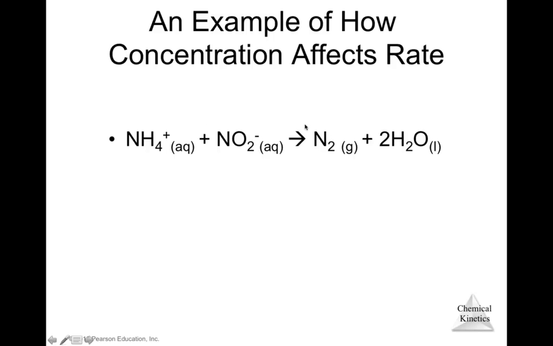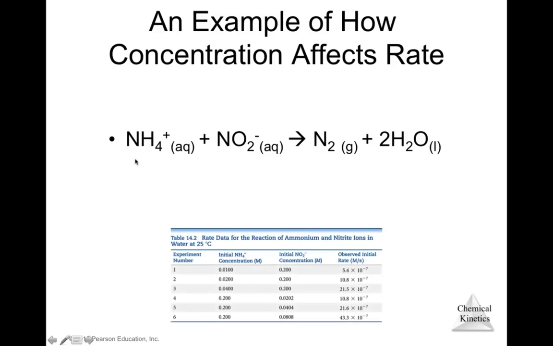And then we're going to measure the rate of this reaction. When we have those results, then we're going to keep NO2 constant and we're going to change NH4, and we're going to evaluate what happened with the rate when we change the concentration of NH4.